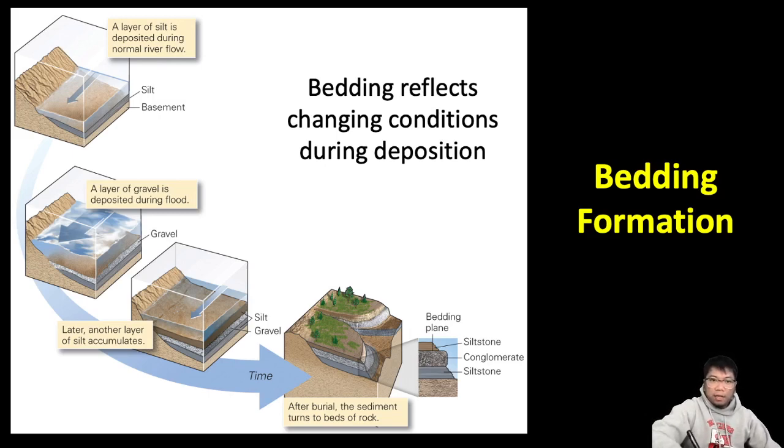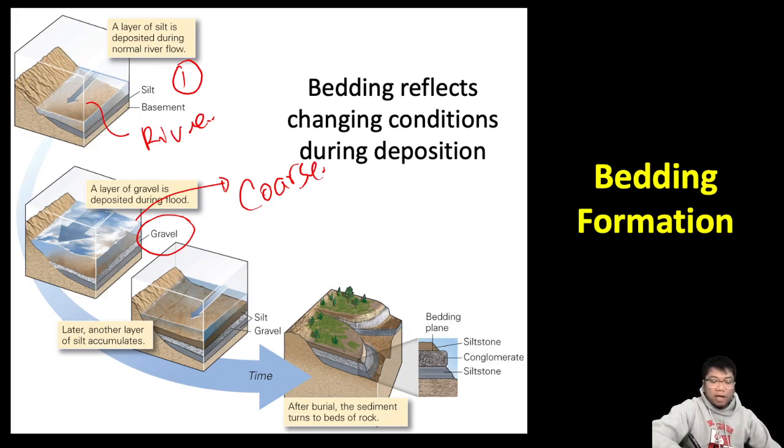For example, here at time 1, we have some deposition of fine-grained sediments, maybe through the normal flow of a river. Then after that, there could be a flood bringing gravel or other types of coarse sediments.